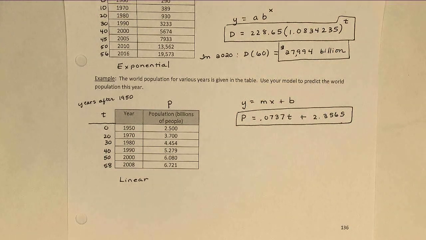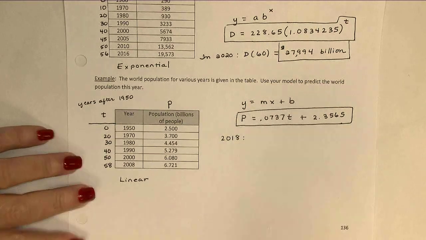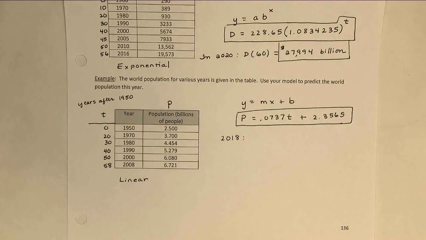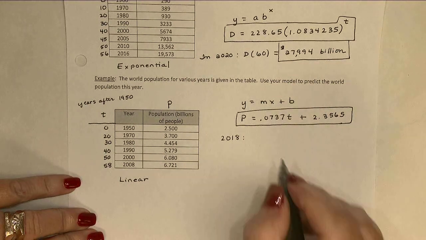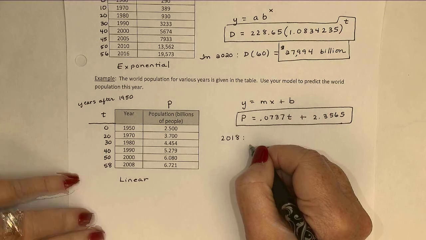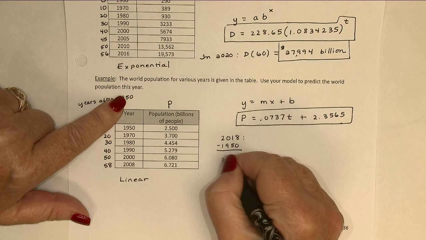And if we want to see what the population prediction for this year would be, 2018, which is when I'm making this video, it may not be when you're watching it, but at least for right now, I'm going to use 2018. You can adjust as needed. Let's see where we're going. After 1950, that would be a t of 68.